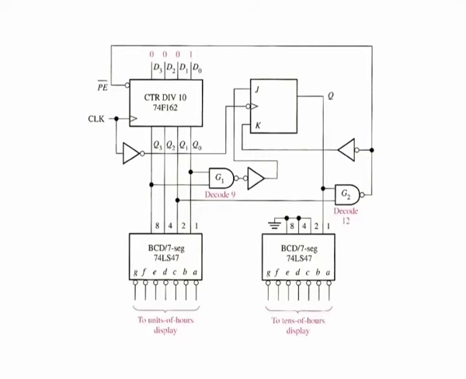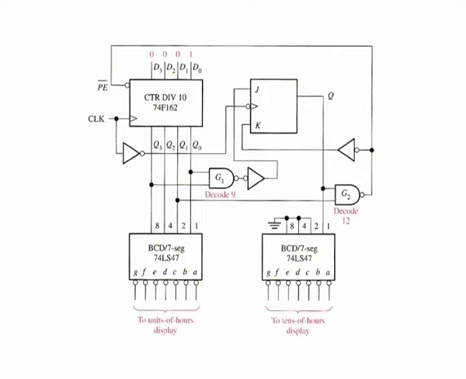Next, the total count advances to 11 and then to 12. In state 12, the Q2 output of the decade counter is high. The flip-flop is still set and thus the decode 12 gate output is low. This activates the PE bar input of the decade counter.